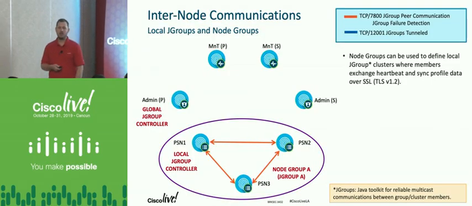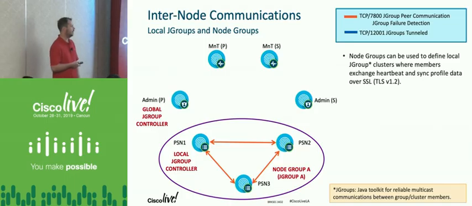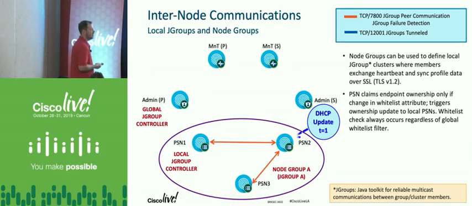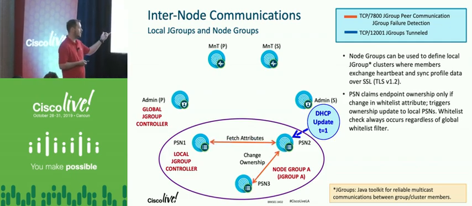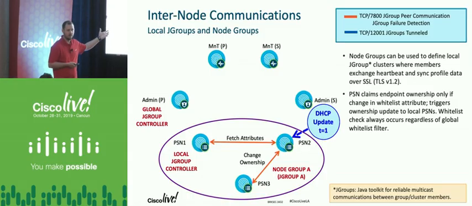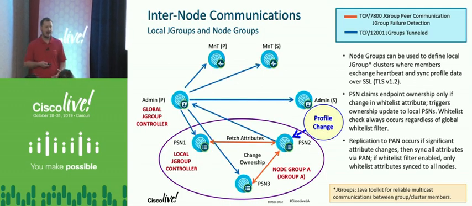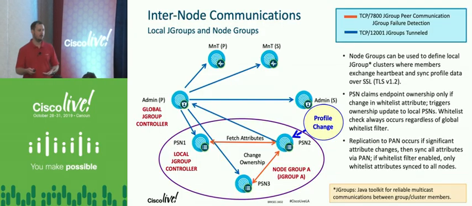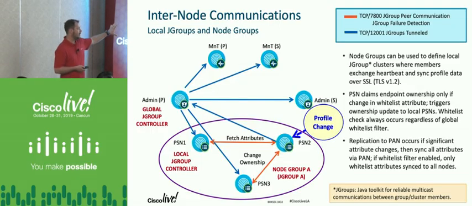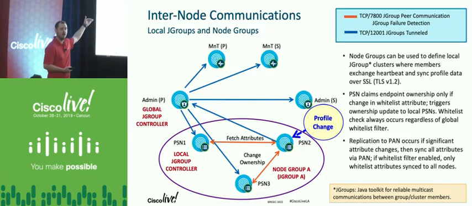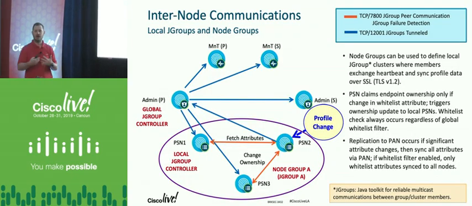When we add node groups, it starts to localize those updates. And so we basically see when a DHCP update happens between 2 PSNs, we can change ownership, we can keep that information replicating within the node group, but we're not going to update the entire global deployment until something significant happens. So that list of significant attributes, when those change, like a profile change, I'm going to go ahead and inform the PAN of this new update.